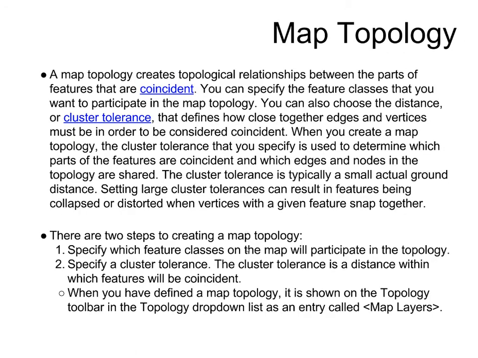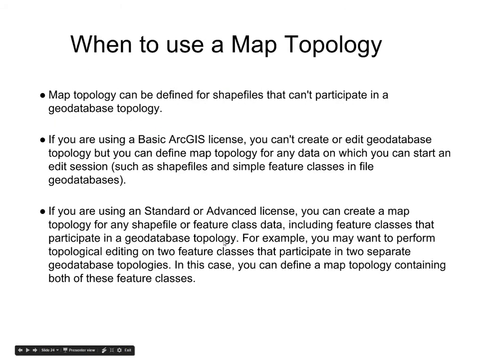So with map topology, remember the important things are that it's available at a basic license level. It only works during an edit session, and it just helps you maintain coincident features that are already coincident, maintain that coincidence, and edit them as a single item. So when do you use map topology?